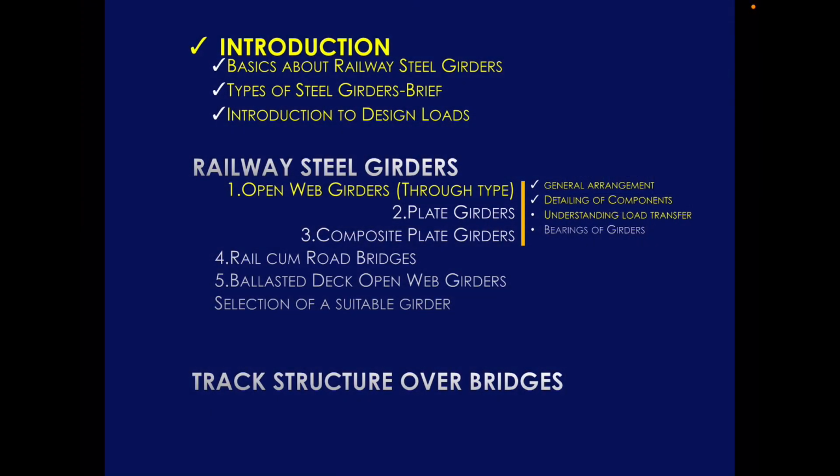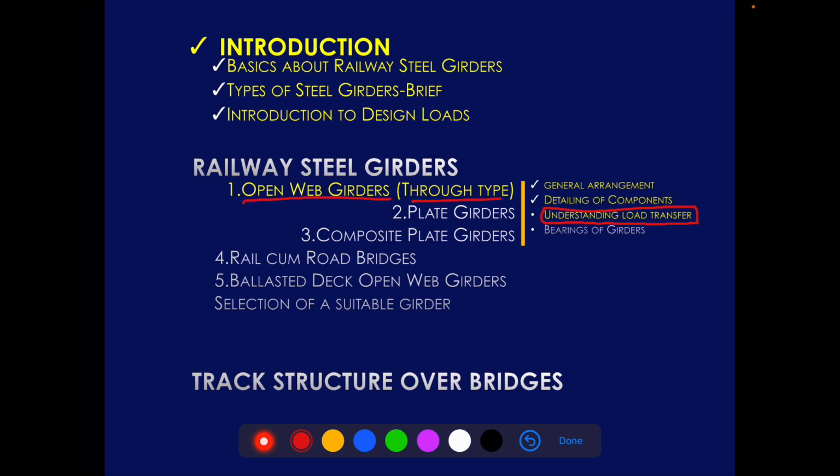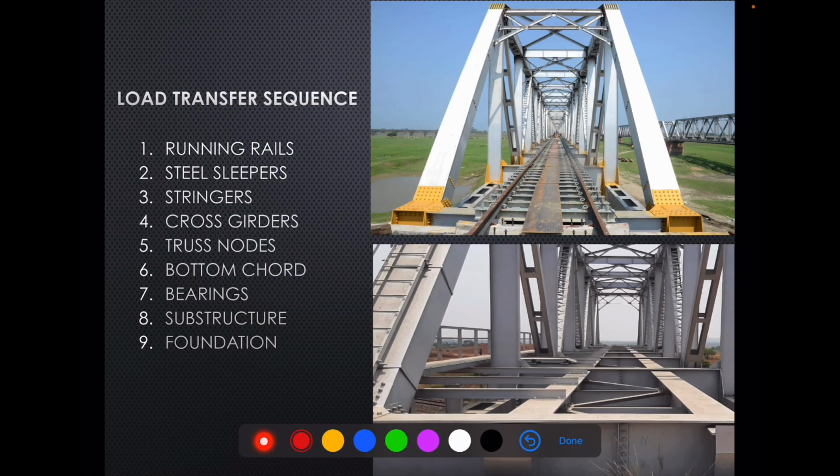Hi. So now we are here. We are going to understand the load transfer mechanism taking place inside a typical open web girder through type. So what is the load transfer sequence? So basically, if we see the upper photograph, rail wheel will run over these running rails, right?